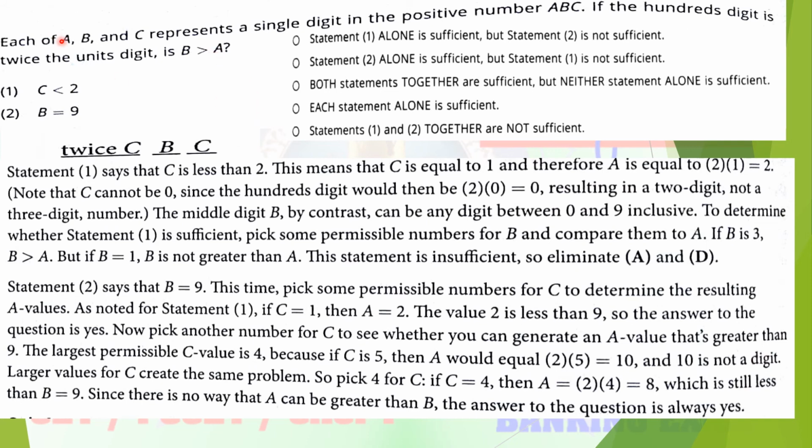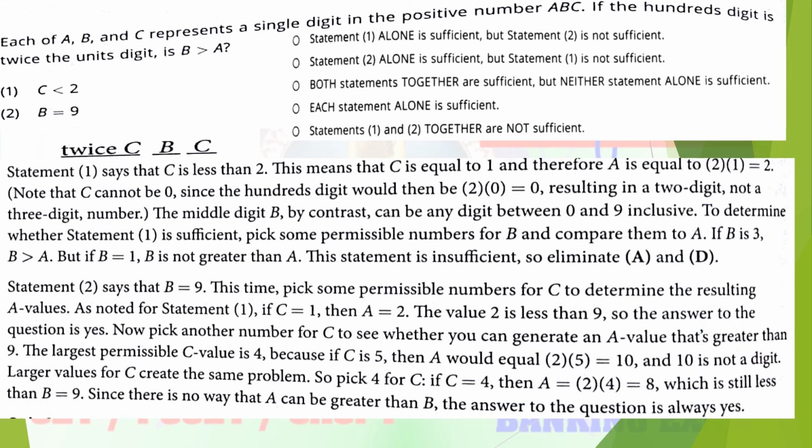Why? Because suppose I choose C equal to 1, then what is the value of A? A is equal to 2 times C, so the value of A is 2. Then the B value is the remaining number, the tens digit, so it is between 0 and 9. Any number you can choose. Suppose I choose B equal to 1. Does this satisfy the condition?